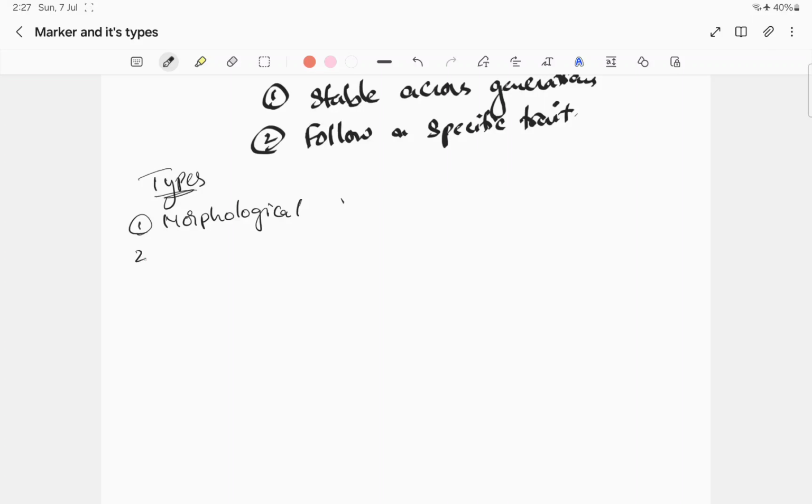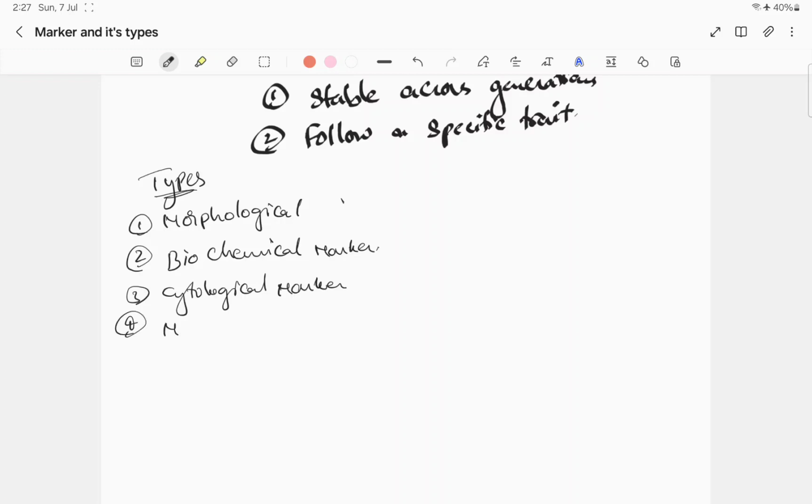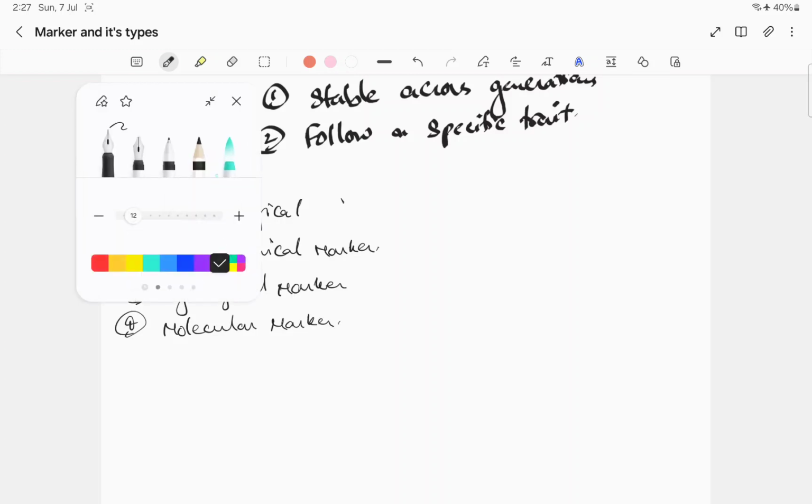First one is the morphological marker, second one is biochemical marker, third one is cytological marker, and the fourth one is molecular marker. Okay, let's discuss all these one by one.